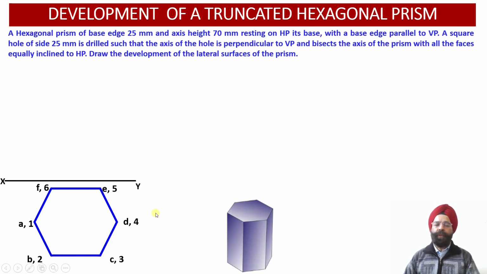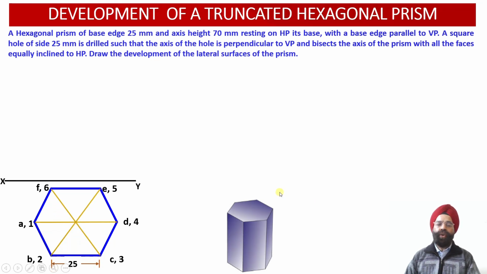The 6 vertical edges of this hexagonal prism are A1, B2, C3, D4, E5 and F6, and the edge of the hexagon is taken as 25 mm.